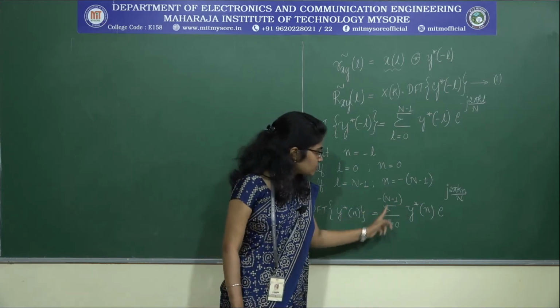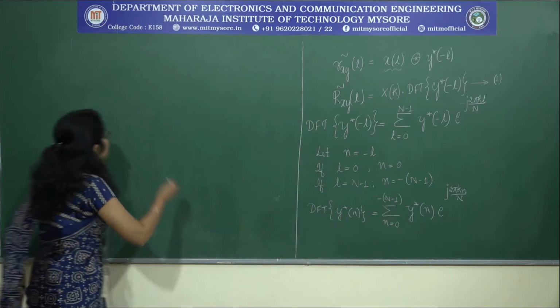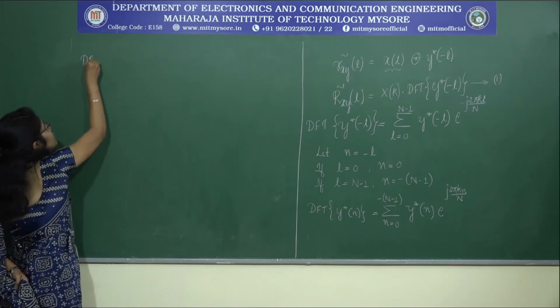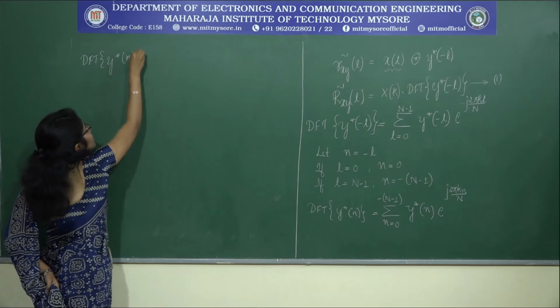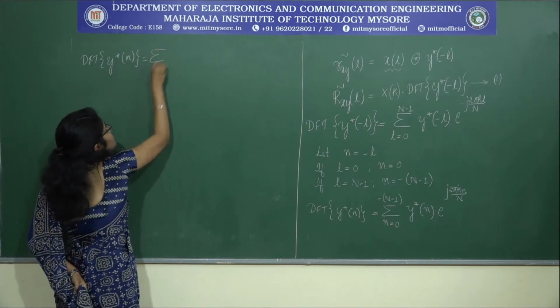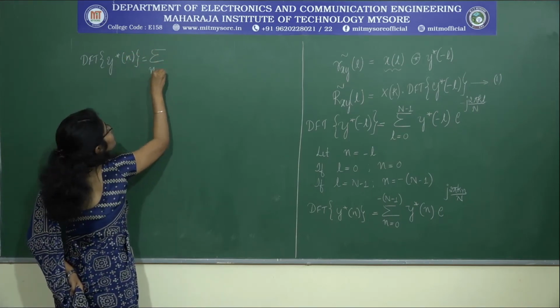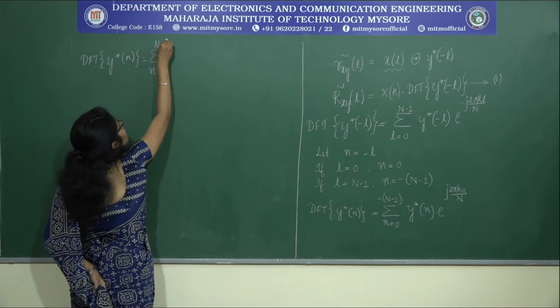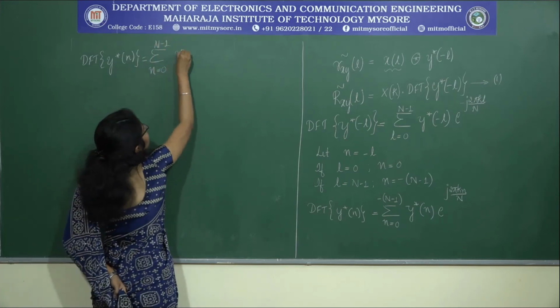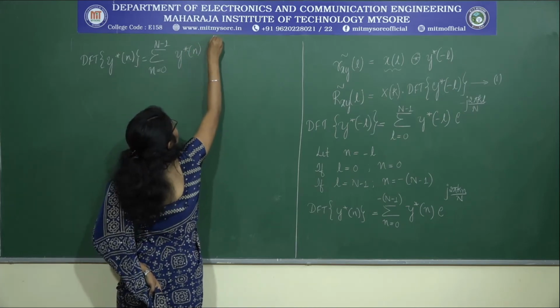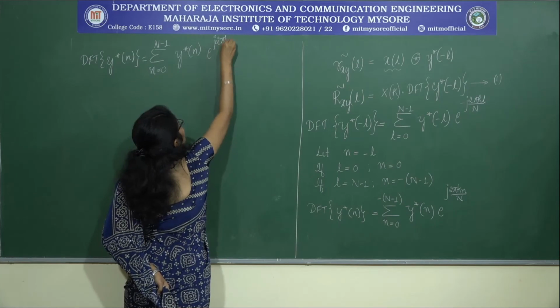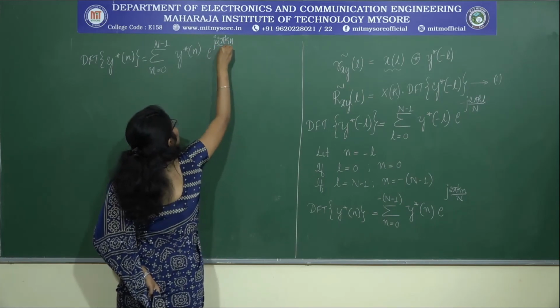So, we can rewrite it as DFT of y conjugate of n is equal to summation n ranges from 0 to n minus 1 of y conjugate of n into e power j 2 pi k n by n.